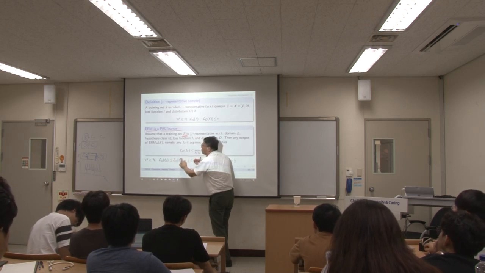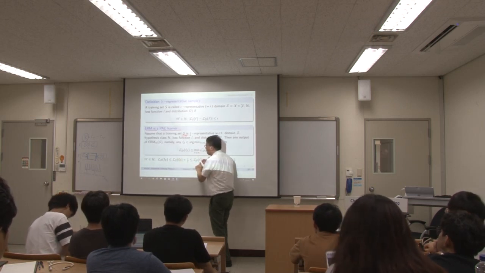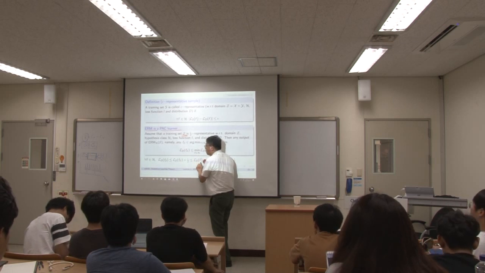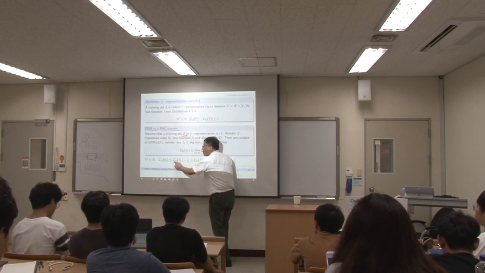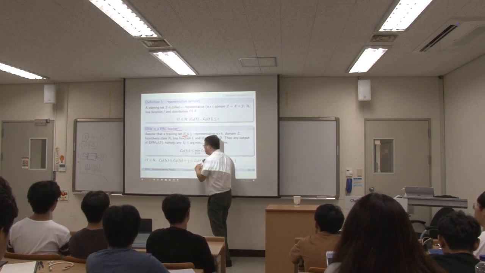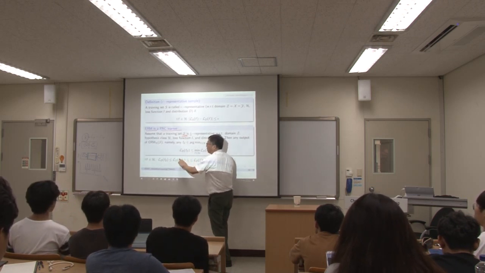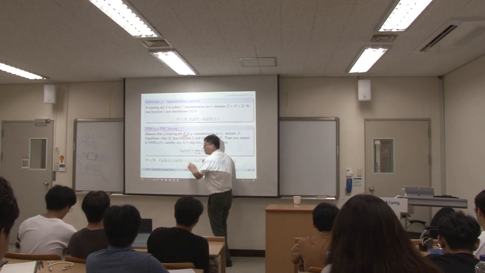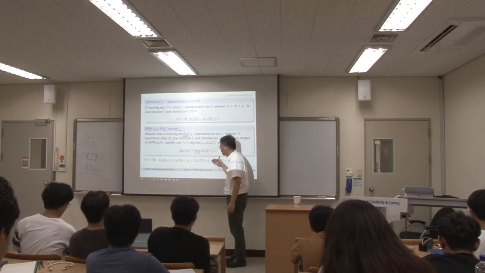So if I put in some other function, this loss is going to be greater than that loss, because that's the definition of f of S. f of S is the one that minimizes this. So I get this, right?